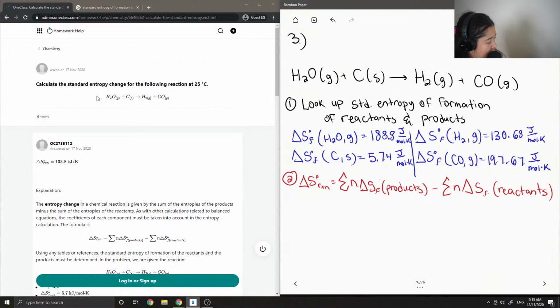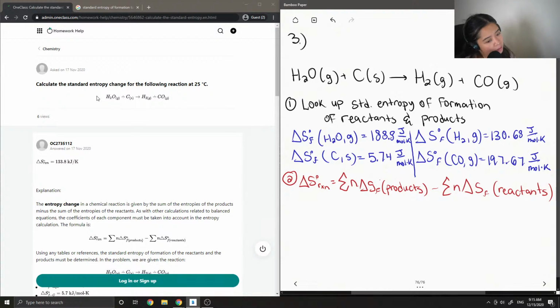Depending on how many moles of each compound, this will affect our final delta S value. But if we look at our balanced equation, you'll notice that everything is 1 to 1 to 1 to 1. So that should be pretty easy to do.